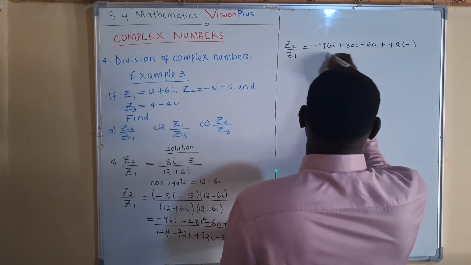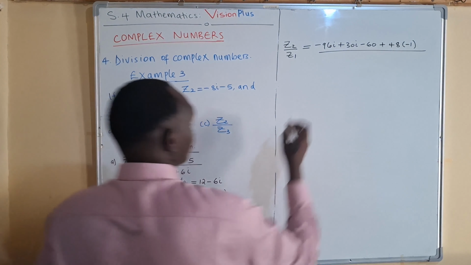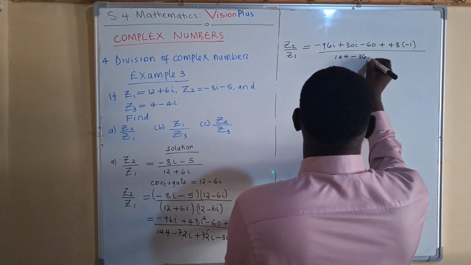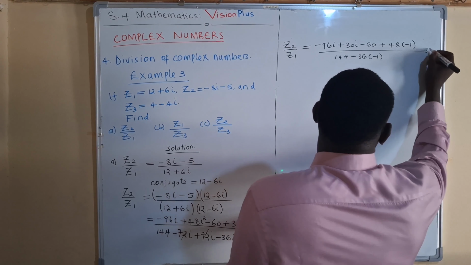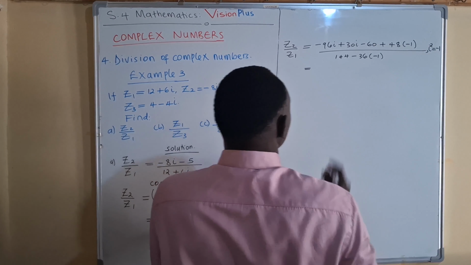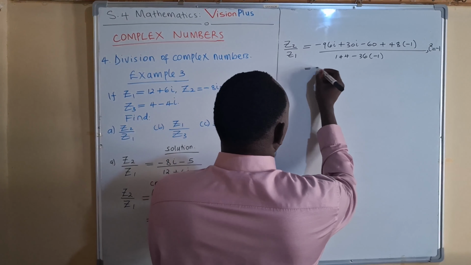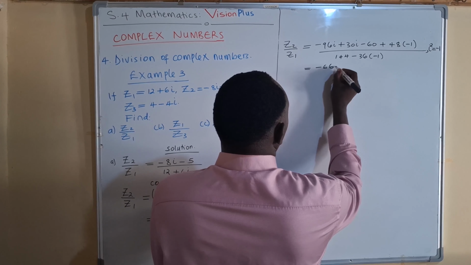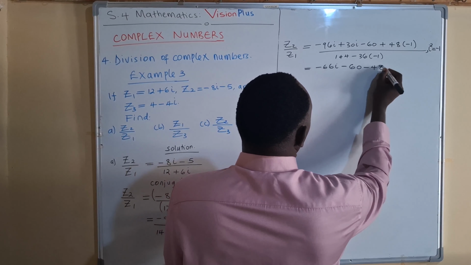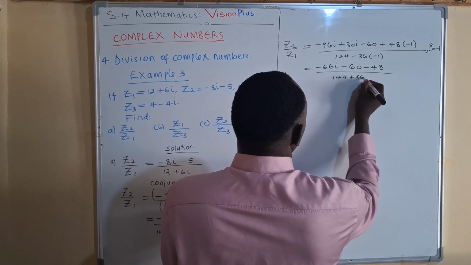Now put your negative 1 all over, since i squared is negative 1. This and this are going to cancel. So we shall have 144 minus 36 times negative 1. On adding negative 96i plus 30i will give us negative 66i, minus 60 minus 48, out of 144 plus 36.